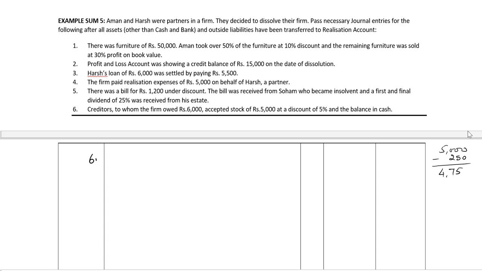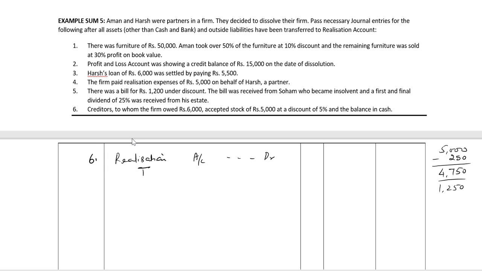So 4,750 rupees of creditors is settled by taking over the stock. Balance left 1,250 rupees, which is 6,000 total minus stock taken over at value of 4,750 rupees. So this amount will be paid in cash. So realization account debit to bank account, 1,250 rupees.